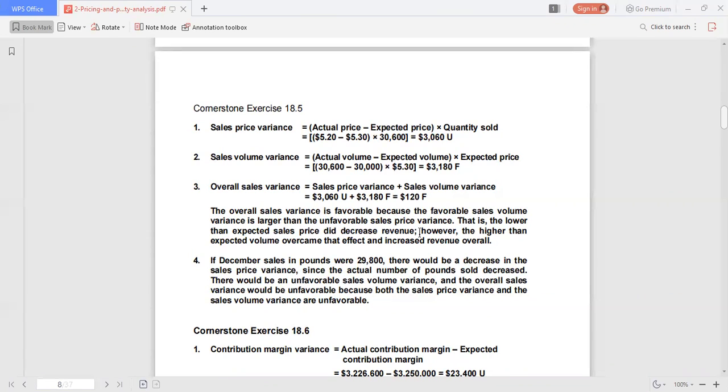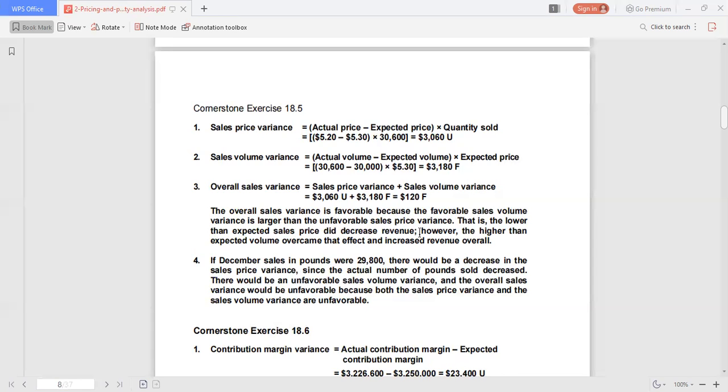The overall sales variance is favorable because the favorable sales volume variance is larger than the unfavorable sales price variance. That is, the lower than expected sales price did decrease revenue. However, the higher than expected volume overcame the effect and increased revenue overall.